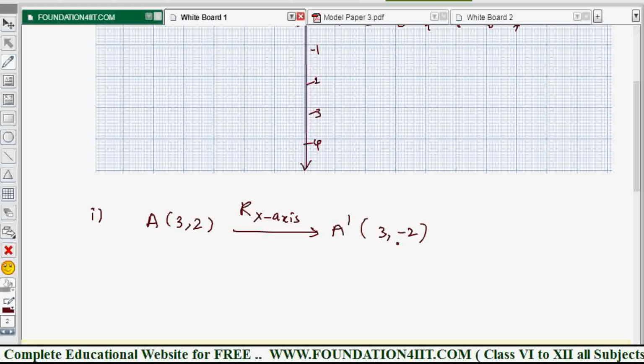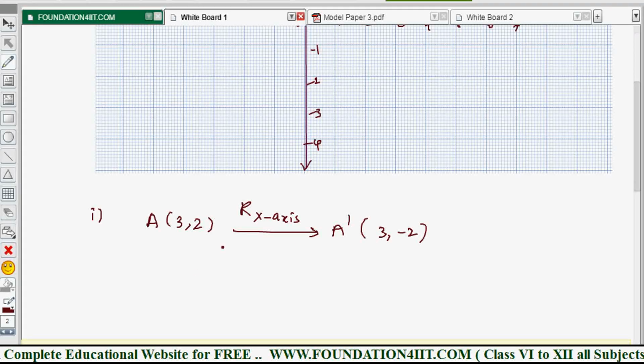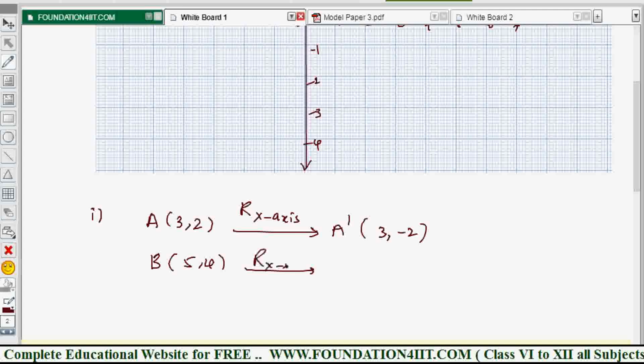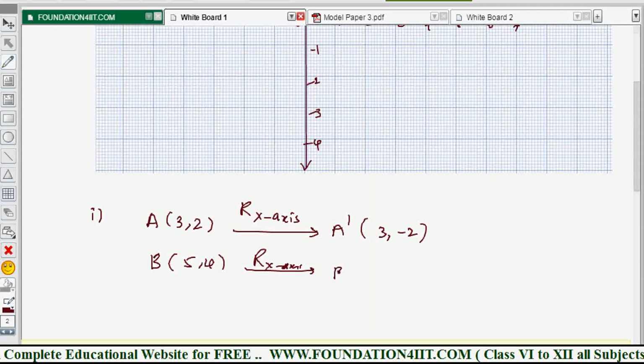The y-value sign only will change; the x-value stays the same. That is reflection on the x-axis. B is given as (5, 4). This is also the same reflection on the x-axis, so B dash has the same x-value and only the sign of the y-value changed.